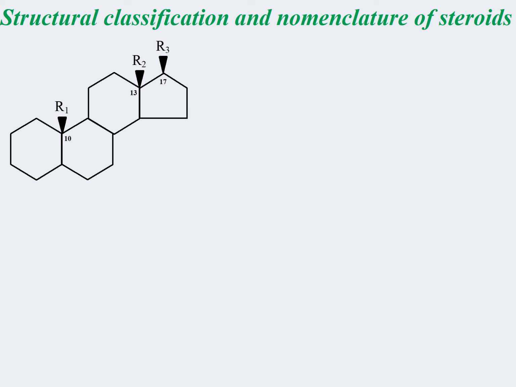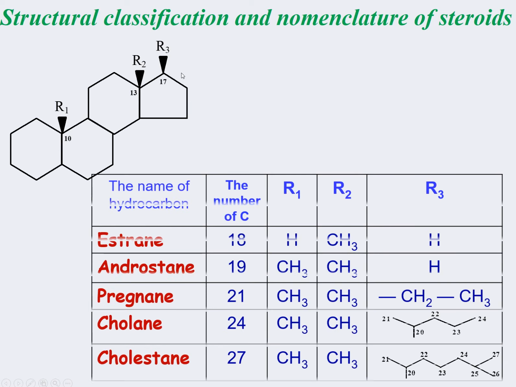But most natural steroids can be classified in a few groups based on the character of substituents in the 10, 13, and 17 positions. Here you see the general scheme. You see that the minimum number of substituents is typical for estrane structure.